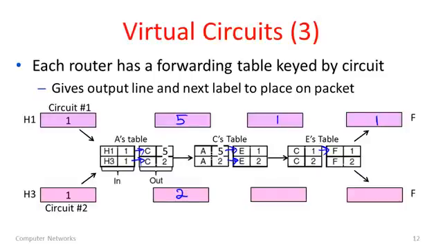So we couldn't have called them both 1 going out of C from A's table, because that would have resulted in confusion at C. C wouldn't have been able to separate these two circuits, but they have different numbers, so it can. Now we send it onwards to E with a circuit number of 2. E, when it receives it from C with a circuit number of 2, sends it on to F with a circuit number of 2, and so forth. They still have different numbers, so we've distinguished these circuits.